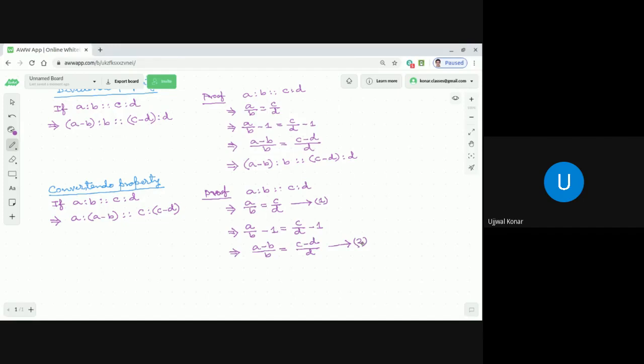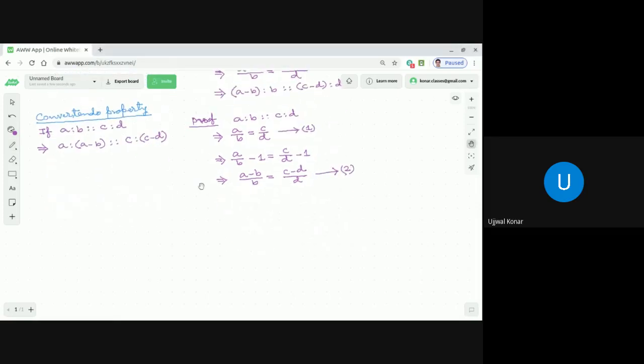Now what we are going to do is divide the above equation 1 by the above equation 2, the corresponding sides. Both sides of equation 1 are divided by both sides of equation 2.